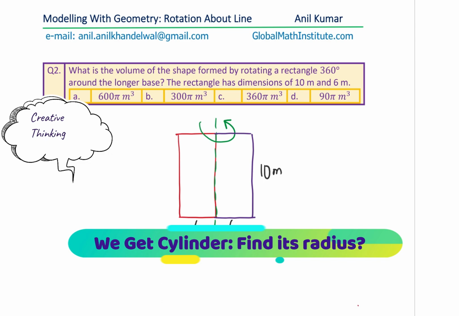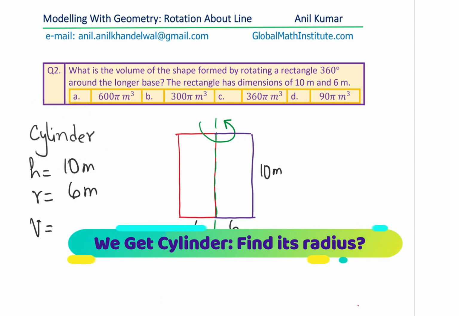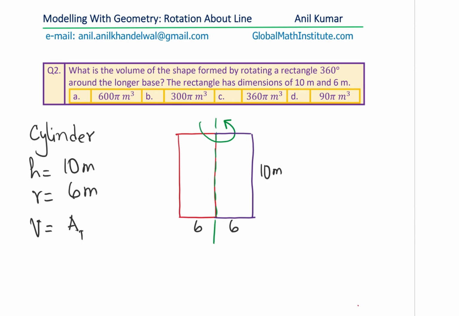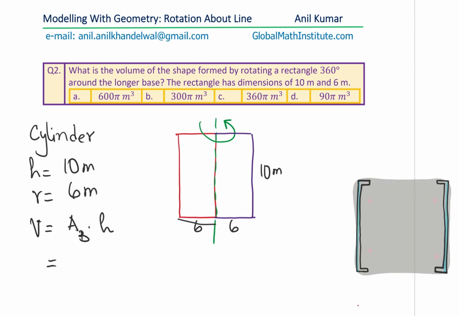And so now we have a cylinder whose height is 10 meters, and the radius this time is 6 meters. You get the idea. And volume of a cylinder is area of the base times height, which is definitely a circle, correct?